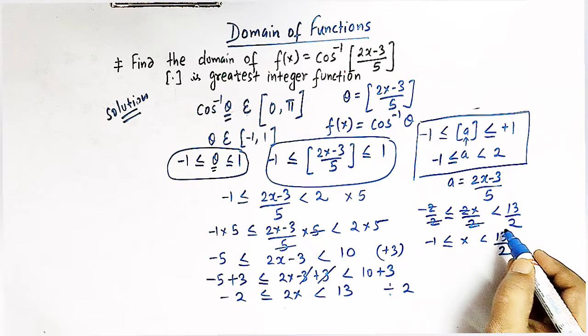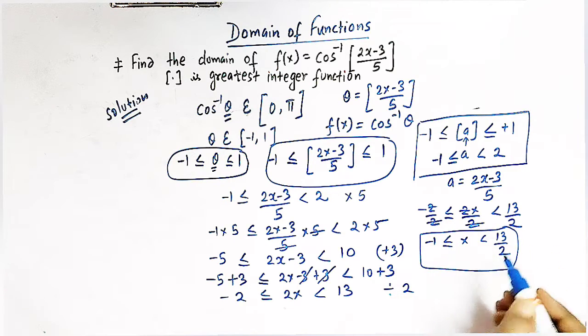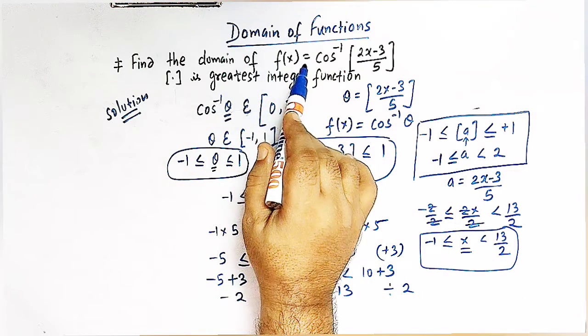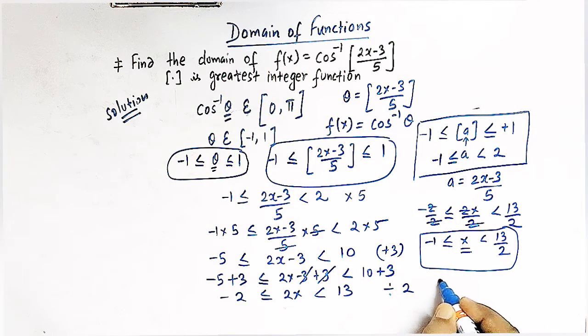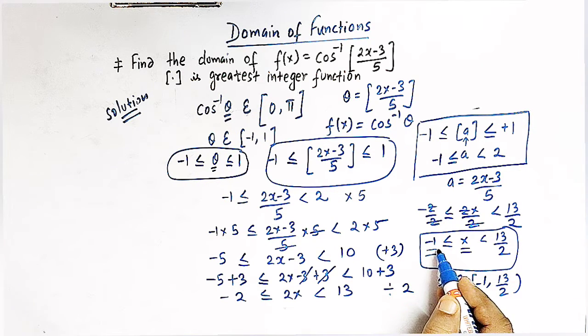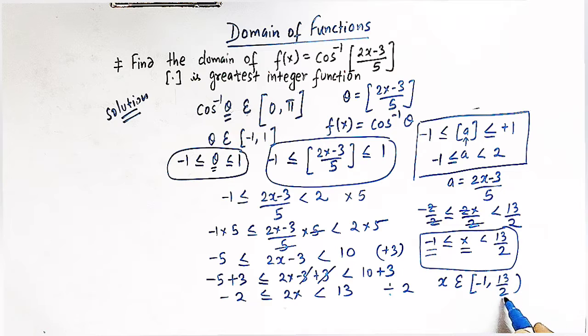So now we can see that our x, which constitutes the domain of this function, belongs to this interval, that is from minus 1 to 13 over 2. And remember, here minus 1 is included while 13 over 2 is not included.